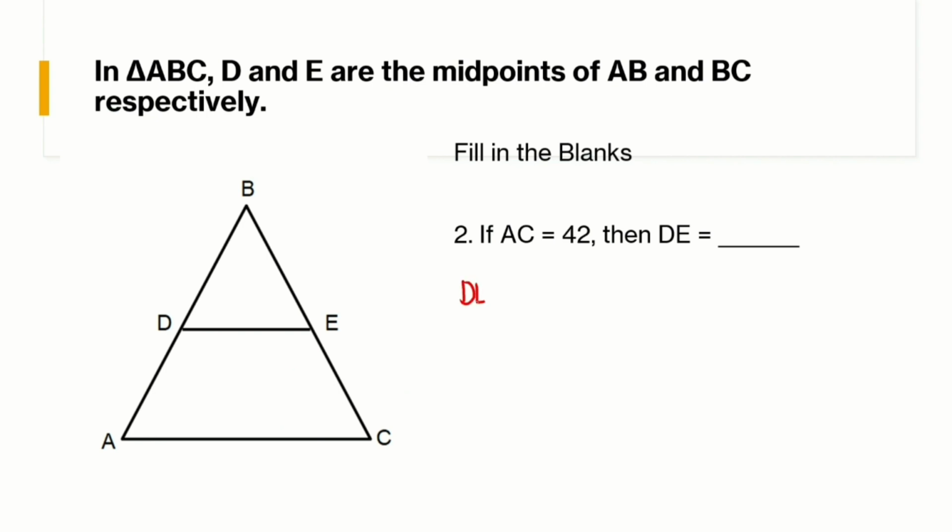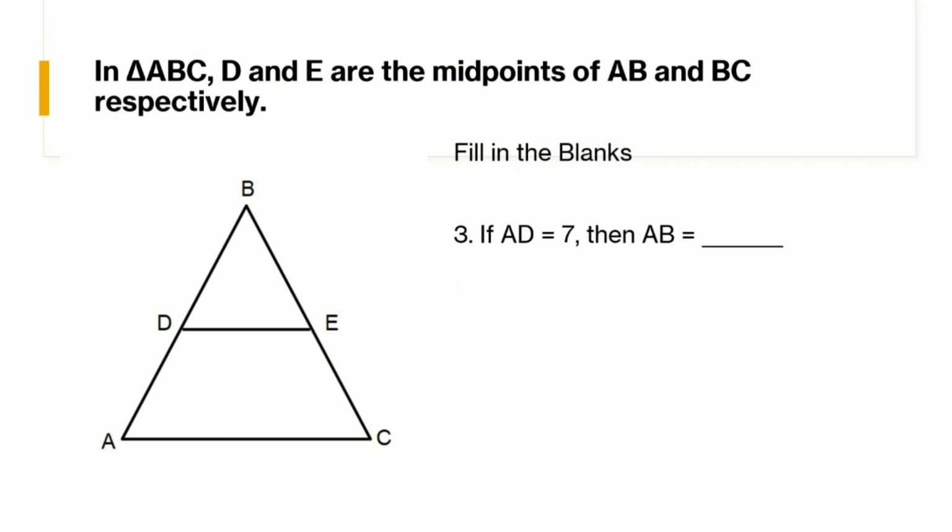So DE is equal to 1/2 multiplied by the measure of AC, which is 42. So 42 times 1 is 42 divided by 2. Then the measure of DE is equal to 21. So segment DE is equal to 21.